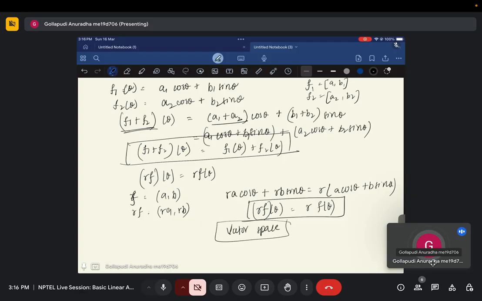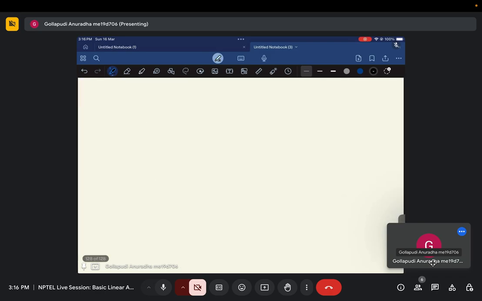The given function forms a vector space. Okay, take one more question: does d square f by dx square plus f equal to 0 form a vector space?